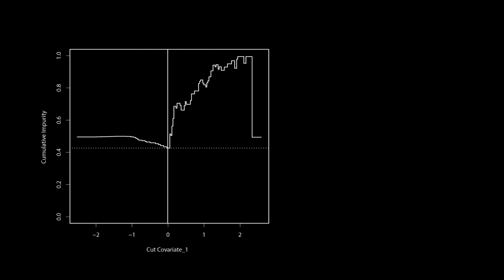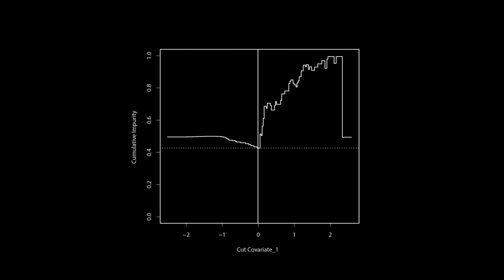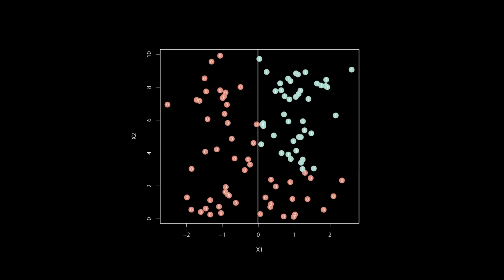Now, we thus apply the decision rule corresponding to the split point at the minimum of the objective function in the first feature dimension. Okay, then at the next iteration, we apply the same procedure to the subsets defined by the split point along the first feature dimension, and we subsequently find another split in the second region, but this time along the second feature dimension.